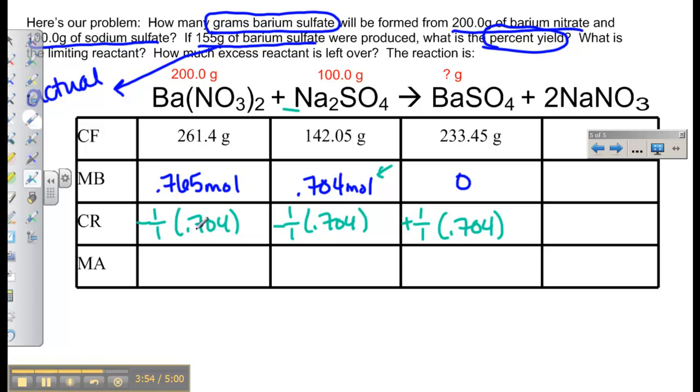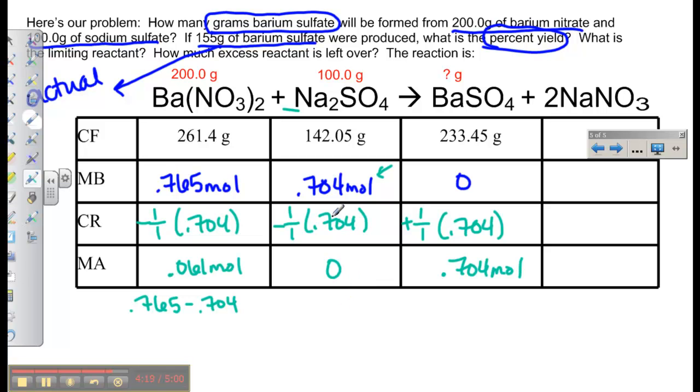So here for our barium nitrate, we would do 0.765 minus 1 over 1 times 0.704, which is 0.704. So we're going to end up with 0.061 moles of our barium nitrate. We're going to lose all of our sodium sulfate, and we're going to gain 0.704 moles of barium sulfate.